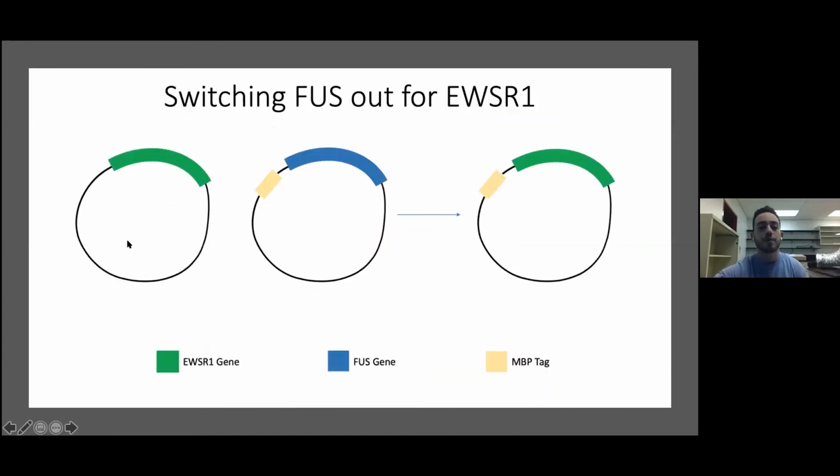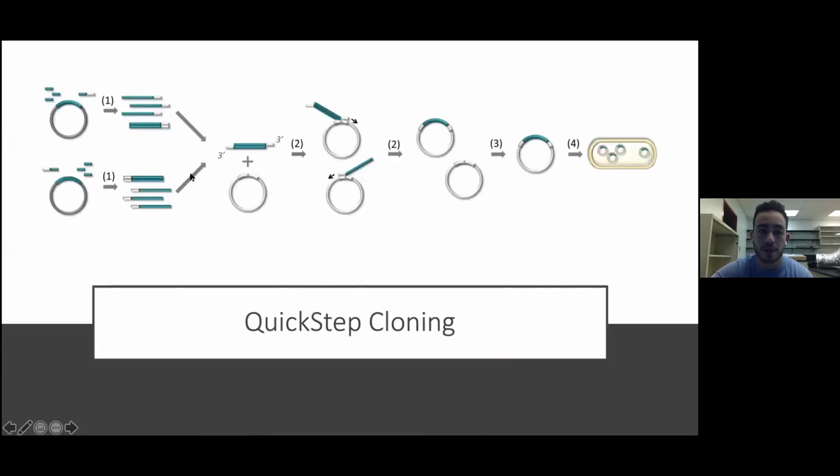So basically what we have is this EWSR1 gene, and then we have this other plasmid with this MBP tag. And what I wanted to do was insert this MBP tag in front of this EWSR1 gene. In order to do that, I had a couple options. I could have used restriction enzymes. I could have done a couple of different PCR methods, but we settled on this specific method called quick step cloning.